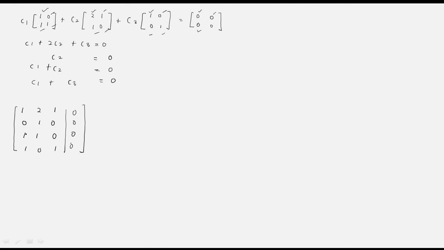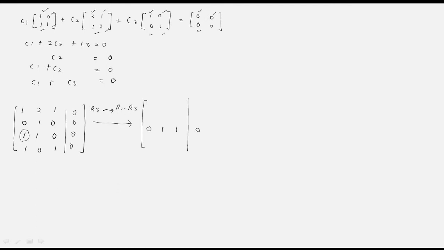I want to start by changing this entry. So to change row 3, R1 minus R3. 1 minus 1, 0. 2 minus 1, 1. 1 minus 0 is 1. 0 minus 0 is still 0.